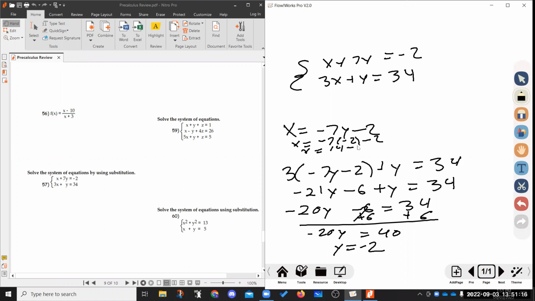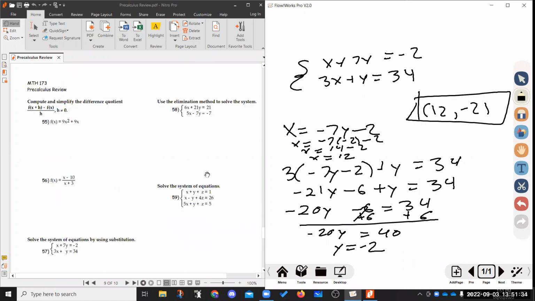X is going to be 14 minus 2. X is going to be 12. Check it, make sure that it works in both. It should. 12, -2. So 12 minus 14 is -2. 36 minus 2 is 34. 12, -2 is my solution.